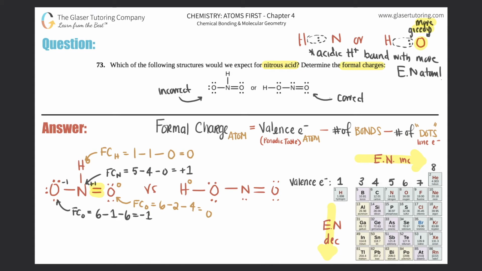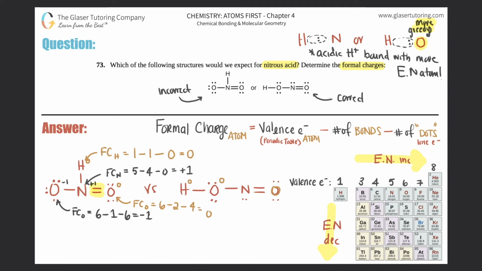And now if I just look here, this oxygen has 2 bonds and 2 lone pairs. And this oxygen, on the other drawing, has 2 bonds and 2 lone pairs. So if the one on the left was a 0, it was neutral, this has to also be neutral. And this oxygen has 2 bonds and 2 lone pairs.